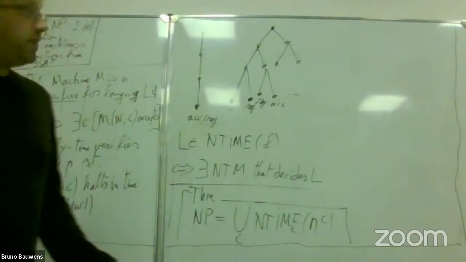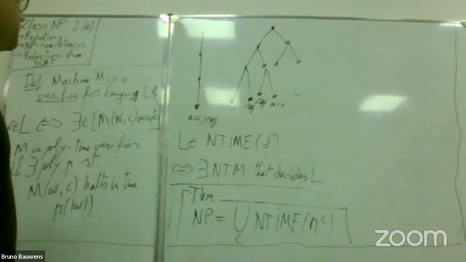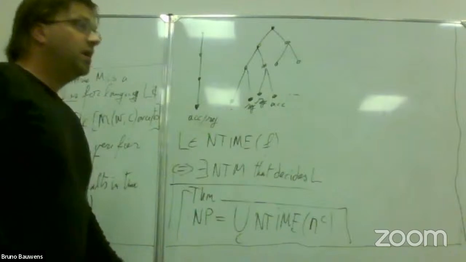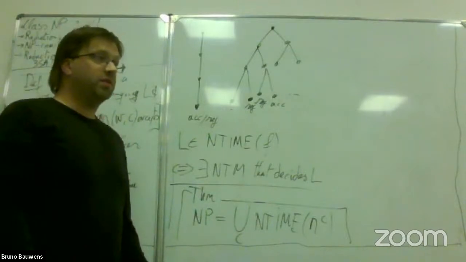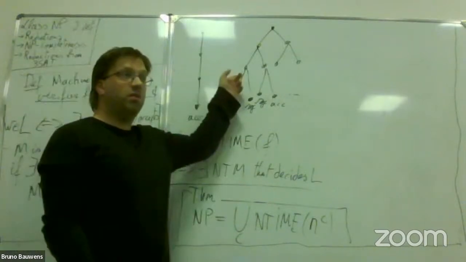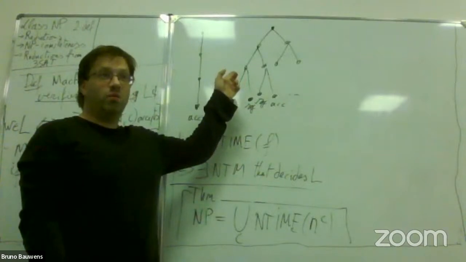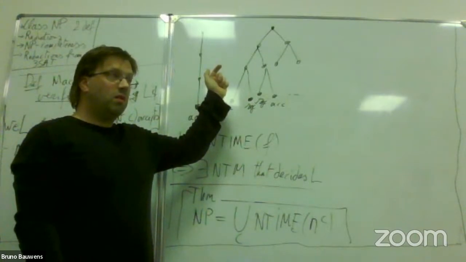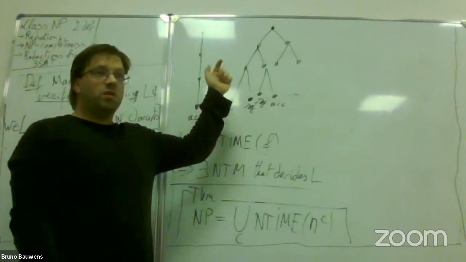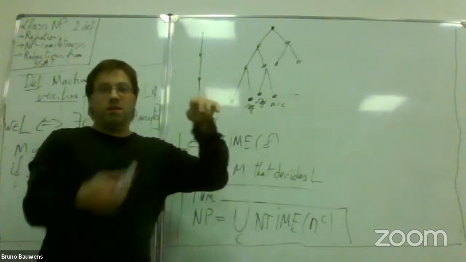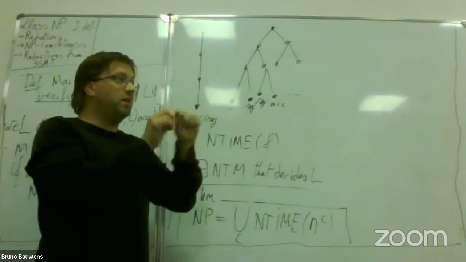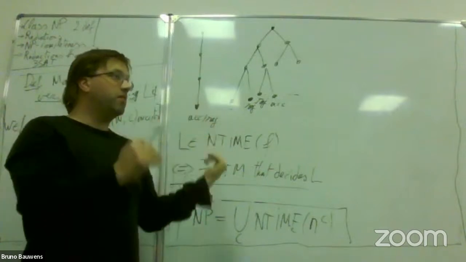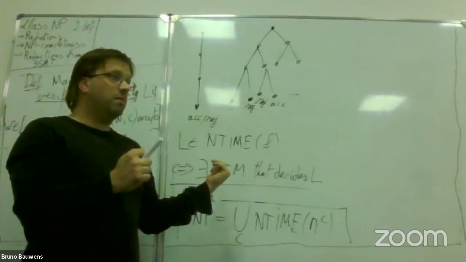Yes. So let us look at one of our problems. The integer programming problem can also be solved by a non-deterministic Turing machine. So how could we do it? In integer programming, the question is, does there exist a vector such that a bunch of inequalities are satisfied?